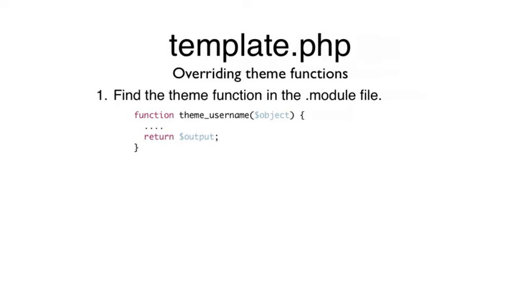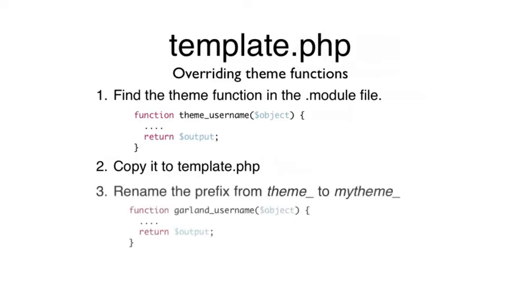So if you don't like how that's being handled, you can copy that function from core in and rename theme username to whatever yours is. So it could be Bartik underscore username, and then it gets called. So very simple. You find the original function, you copy it into your template.php file, and you rename any of the prefixes and make amendments as you see fit.